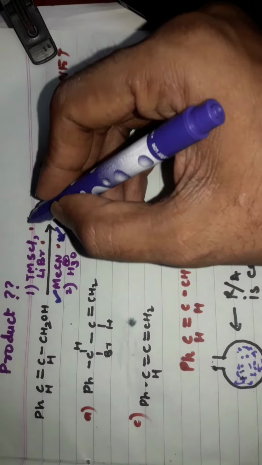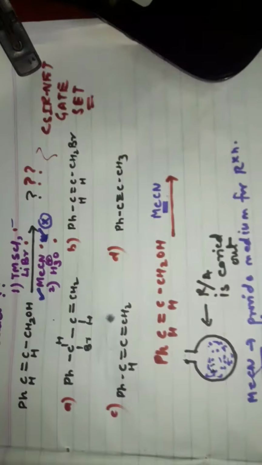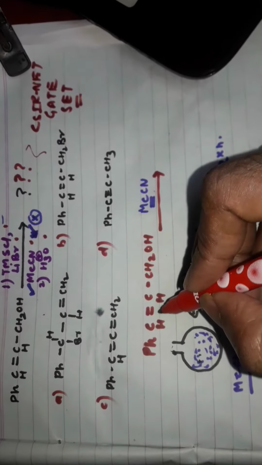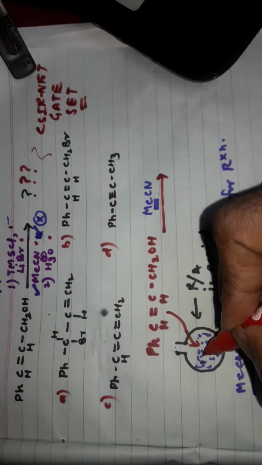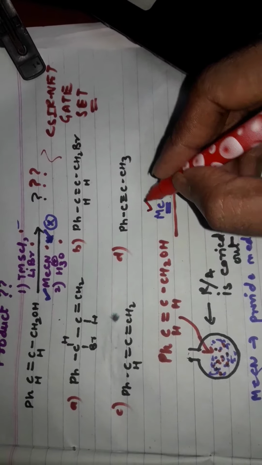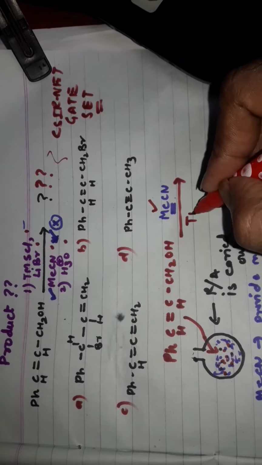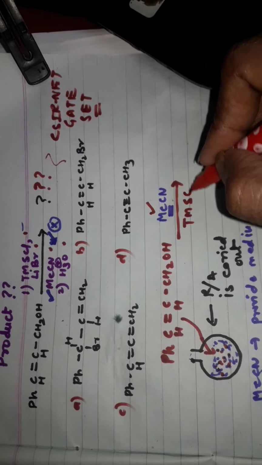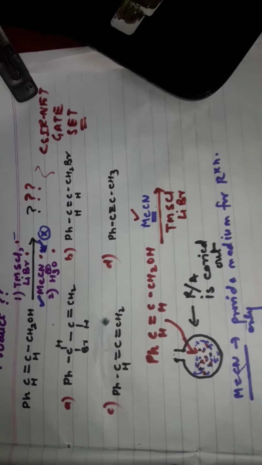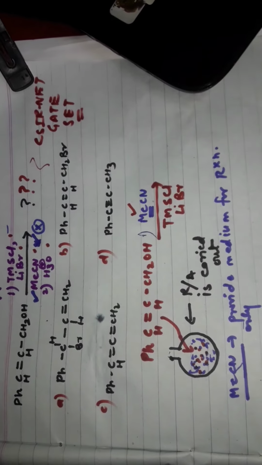So first, TMS chloride and lithium bromide are added, so some amount of the reactant is present here. In this they added methyl nitrile, which acts as a solvent, and the main reagents are TMS chloride and lithium bromide. So what happened when the first condition is added?